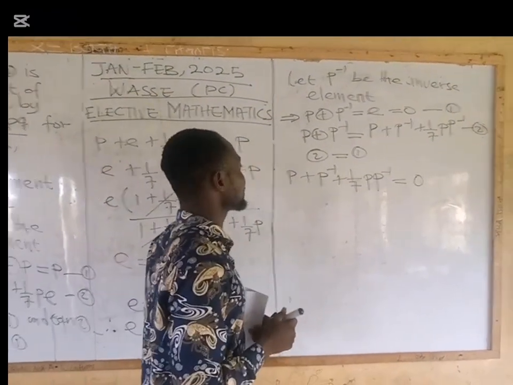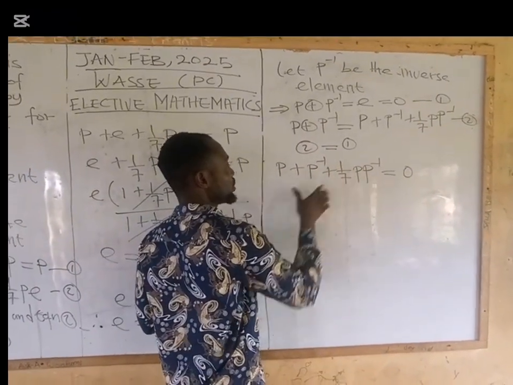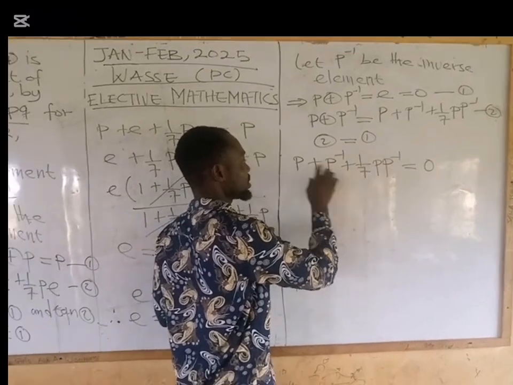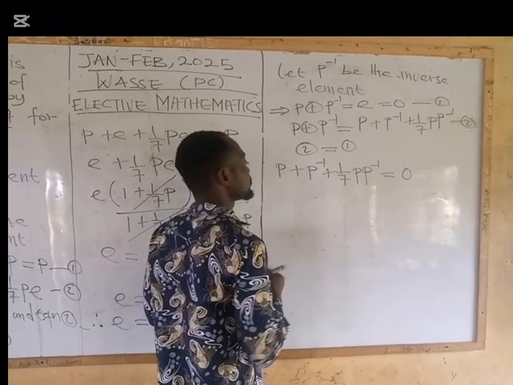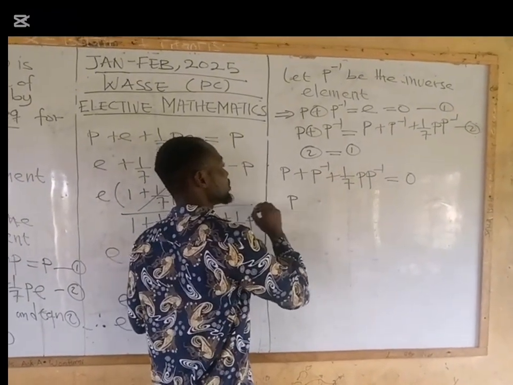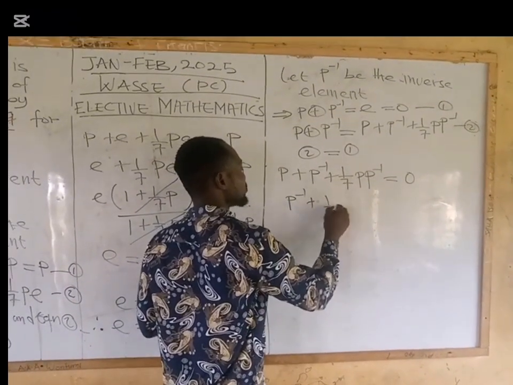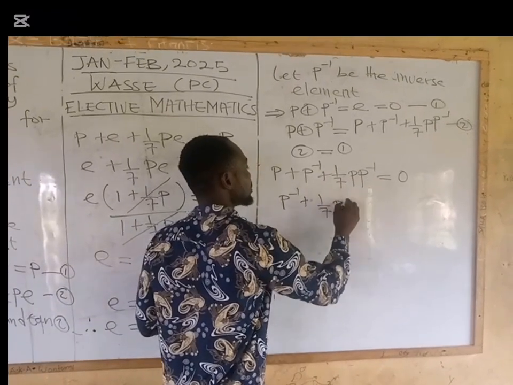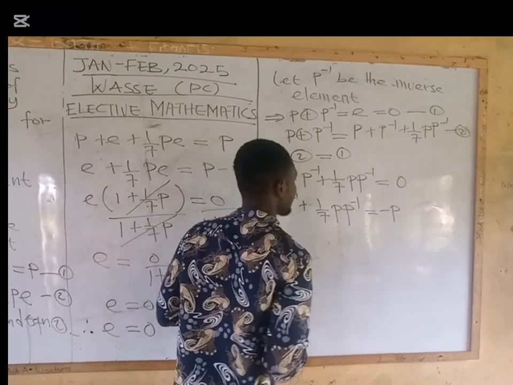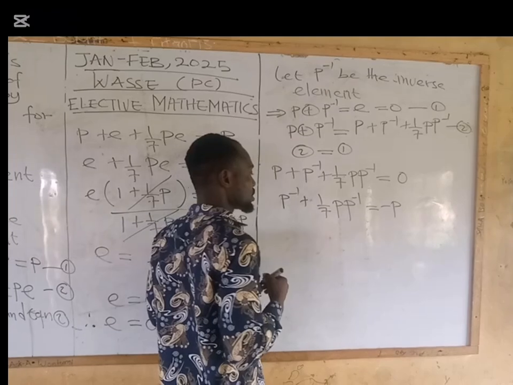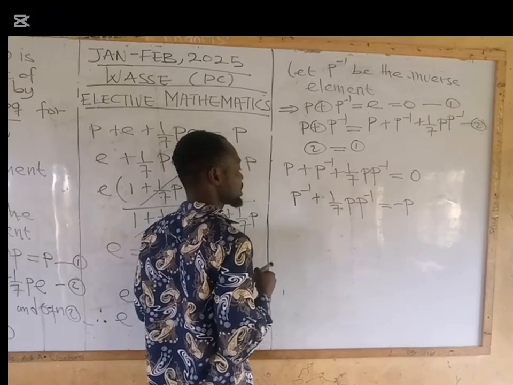Good. We are finding the inverse of P. So we are going to group like terms here by sending P to the other side, and that becomes negative P. So we have P inverse plus 1/7 P times P inverse equals negative P. Now we are going to factorize P inverse outside of brackets.